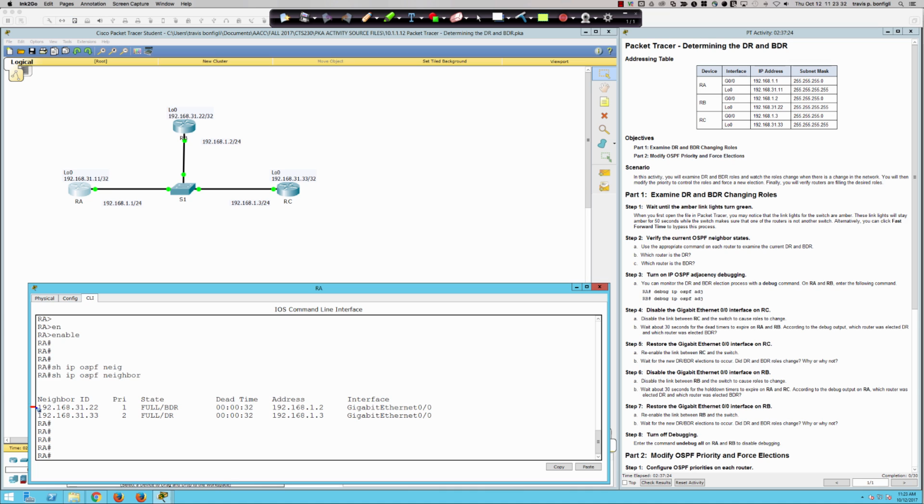So we have the first entry here, which says neighbor ID. Now remember, the neighbor ID is the router ID, the OSPF router ID. And as we've said before, this is not an IP address.